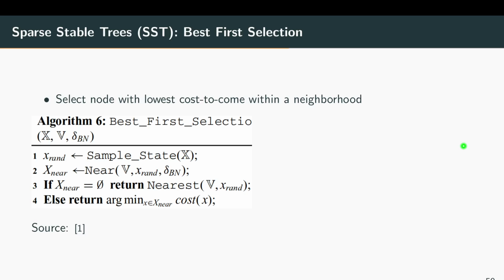Okay, so I have some tree, and now I randomly pick some node over here. And that's line 1. In line 2, it says, now I try to find all the nodes in my tree that are near to my random point within some delta, which is called delta BN, which is just a hyperparameter.